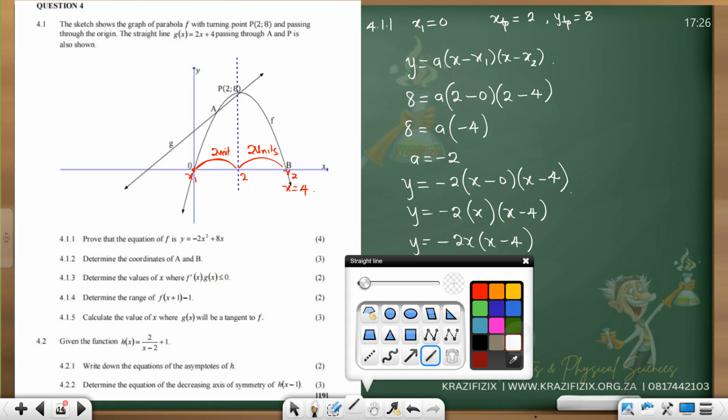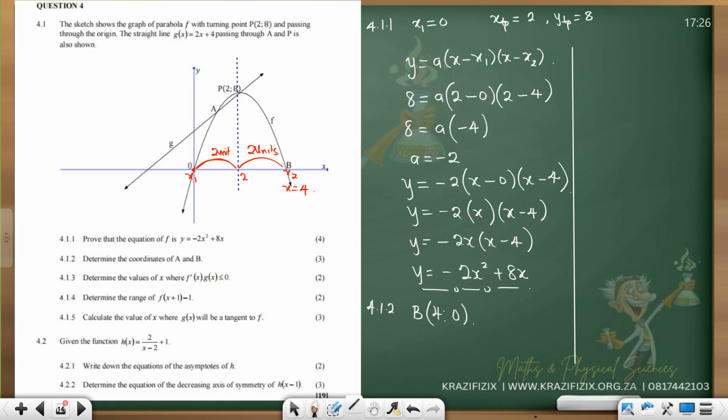Let's see if we can squeeze it here. How do we get the coordinate of A? Point of intersection. Okay, so negative 2x. Let me first write the instruction. At point A, f of x is equal to g of x.